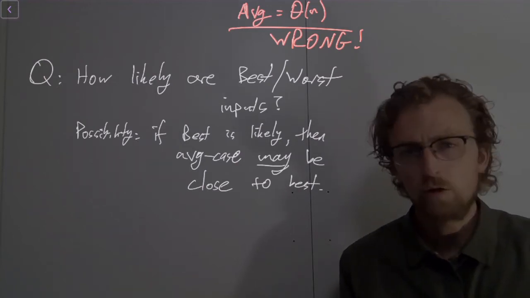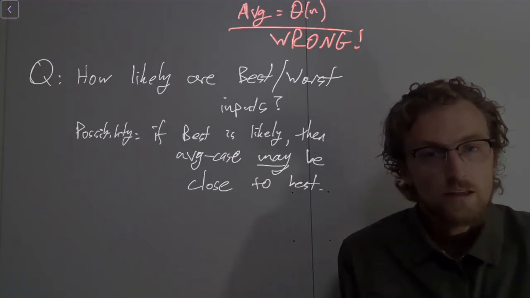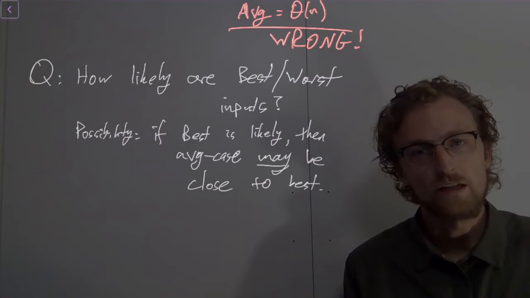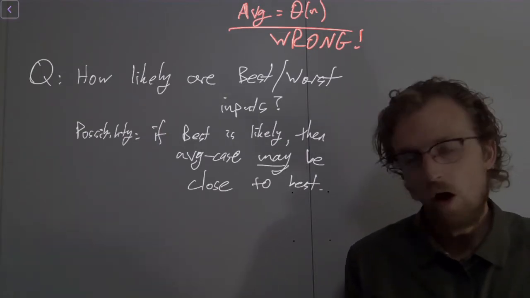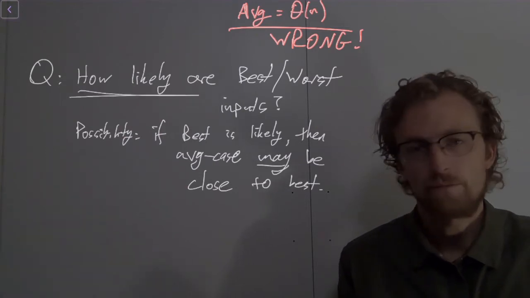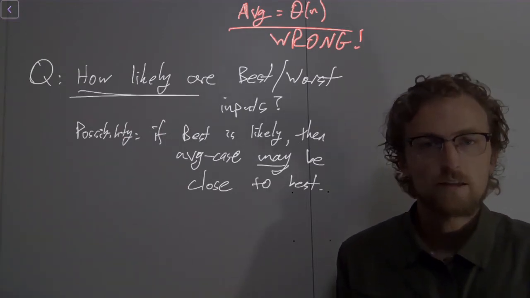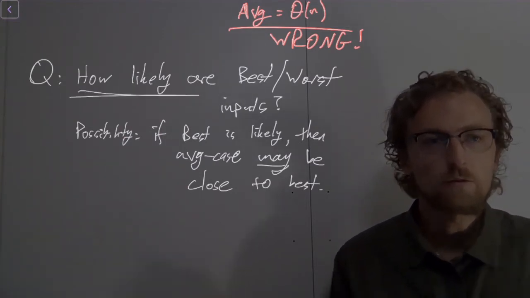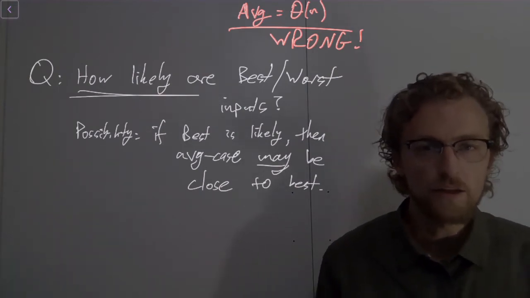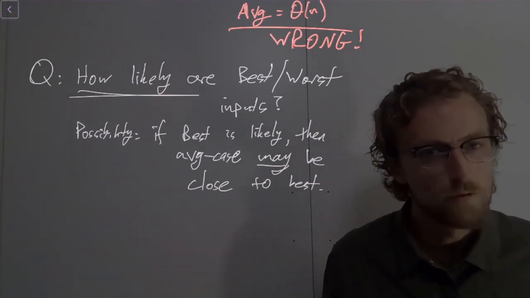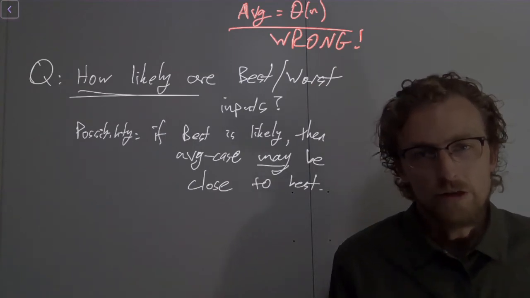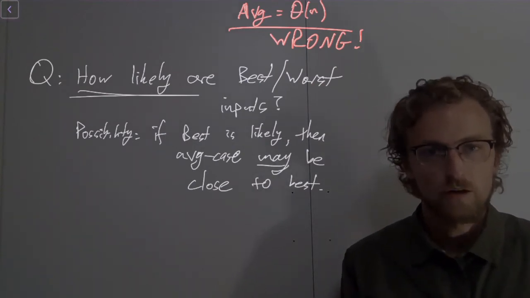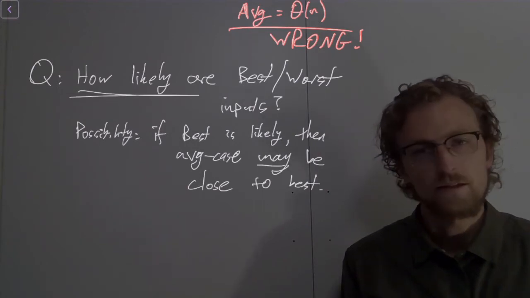It'll give you a sense of some of the pitfalls you run into in establishing average case. It all ultimately boils down to this question: how likely are various kinds of inputs? If you operate the algorithm on some input, what are the statistical properties of the inputs that come to you? What do you actually expect to see?